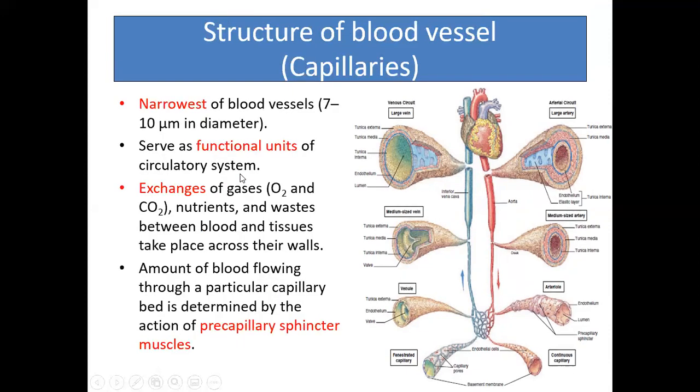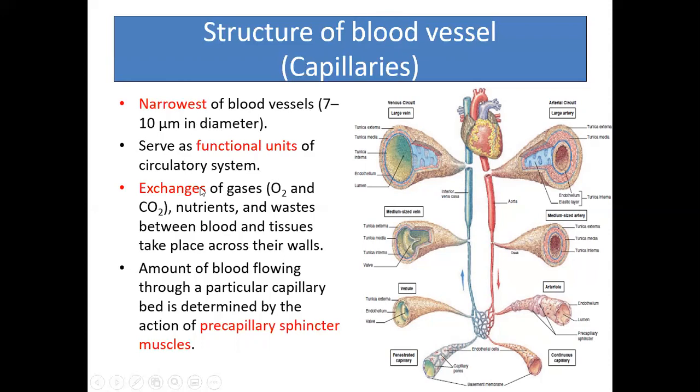So now we're going to proceed with the capillary, which is the smallest blood vessel that we have in our body. It is the narrowest blood vessel, and the size is about 7 to 10 micrometers in diameter. It's very small. What is the function of this capillary? It serves as a functional unit of the circulatory system. Here in the capillary, exchange of gases happens between oxygen and carbon dioxide.